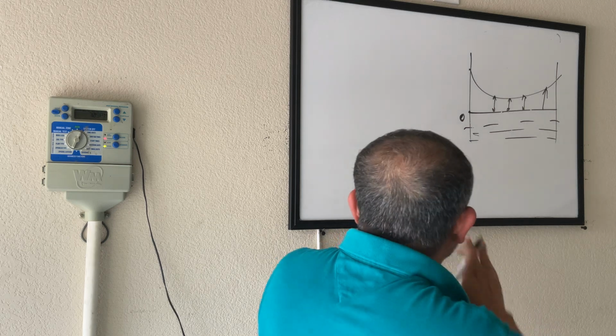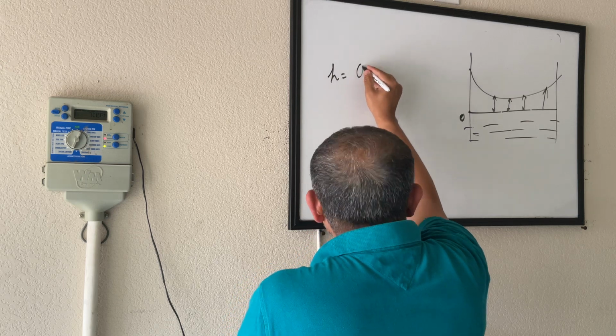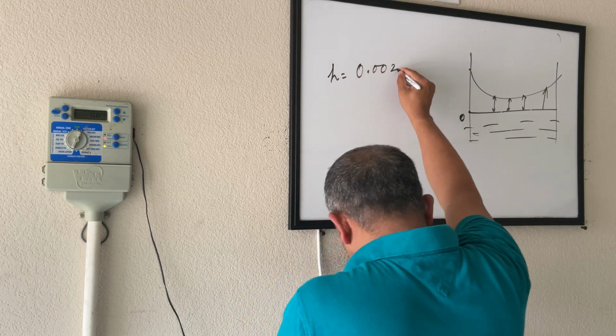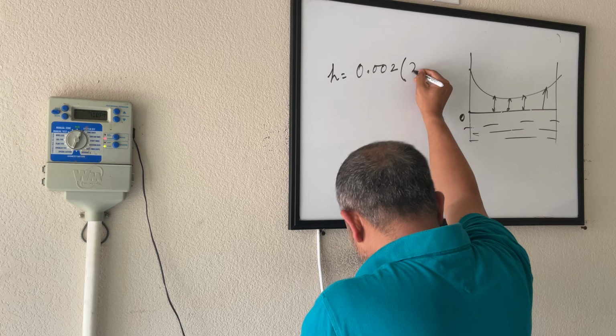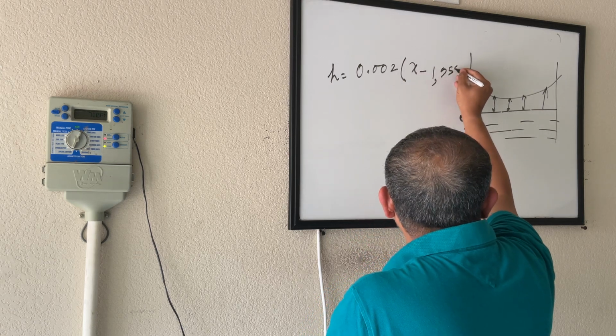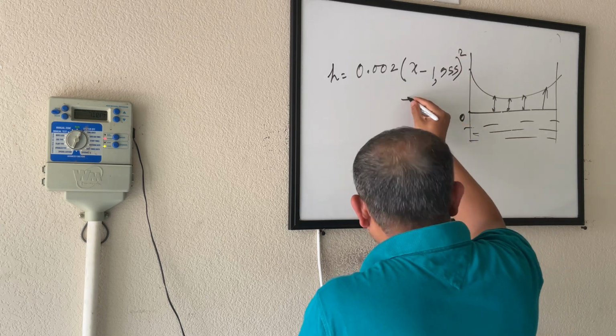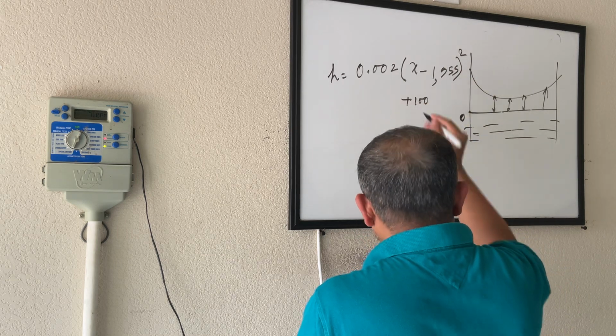So this equation, let me write it. h equals 0.002 times (x minus 1955) whole squared, plus 100.